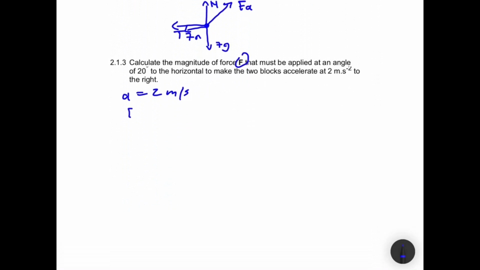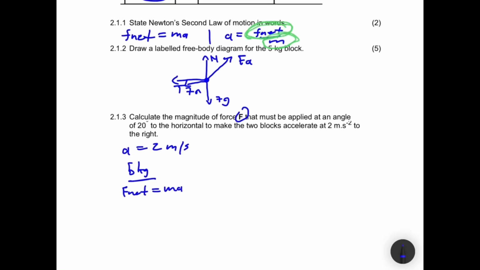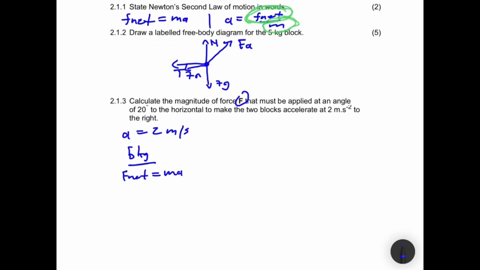So what are we essentially saying? We're saying that for the 5 kg block, F net is equal to ma, right? So now in place of F net, we can add the forces that are acting, and in place of ma, we have the mass and we know the acceleration. So which forces are acting? We know that along the horizontal, we are going to have Fax, right?